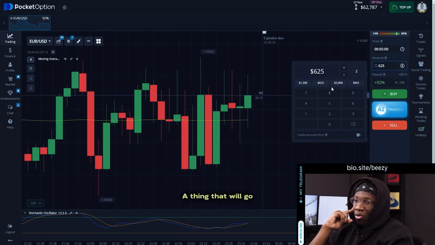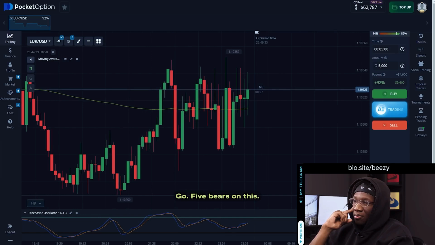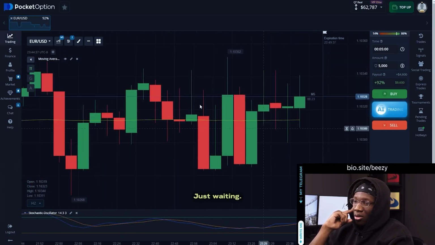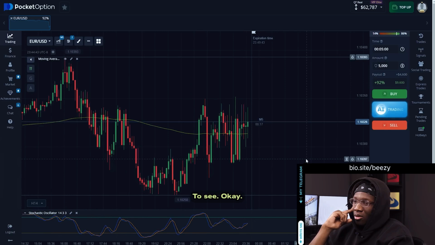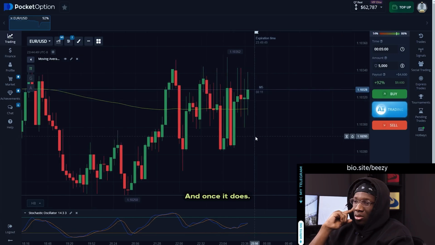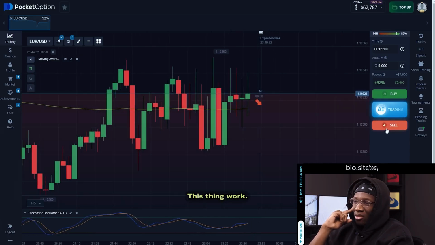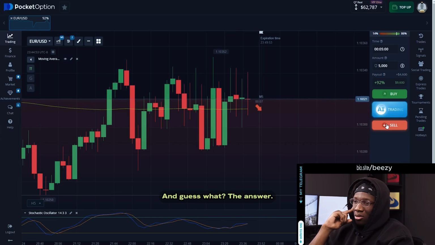I think that we'll go big boy money, double it, go 5 bands on this. Just waiting. Okay, let's see. We're gonna wait for this candle to go out, and once it does, that seemed like a good spot to enter.